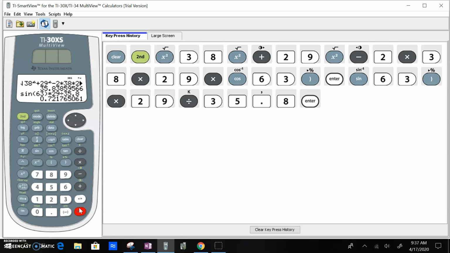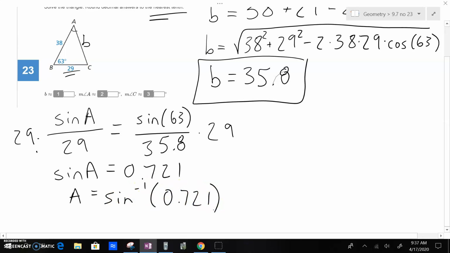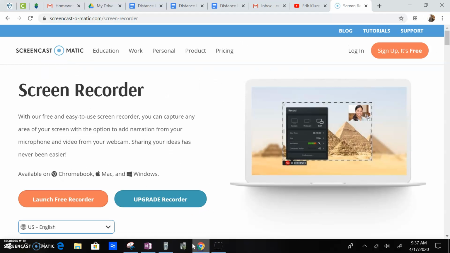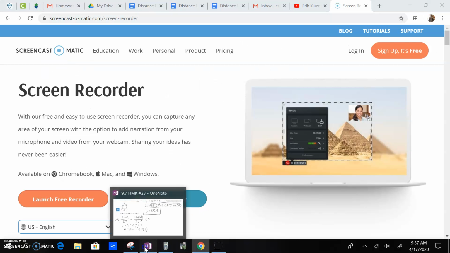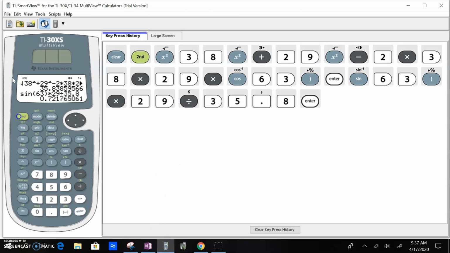And then I've got 0.721. Then to get A, I'm going to use the inverse sine of that. That's how we get the angle measure, is we use inverse sine. So I'll do inverse sine of that answer. I'm going to do second sine, with second minus sign, which is my answer key.